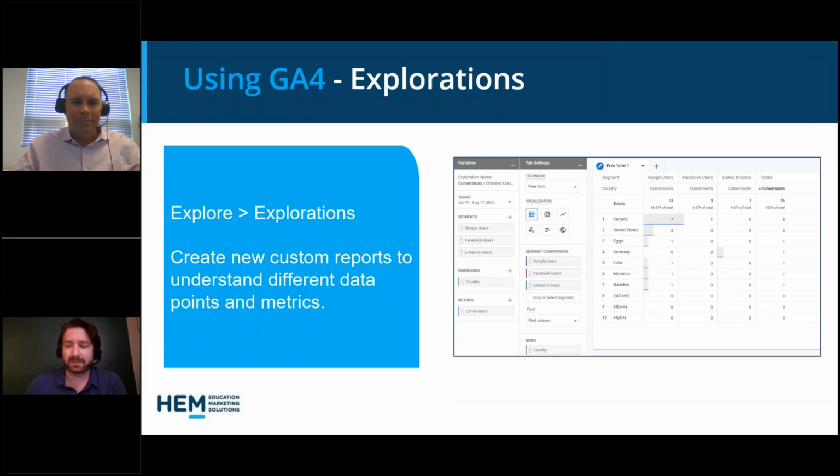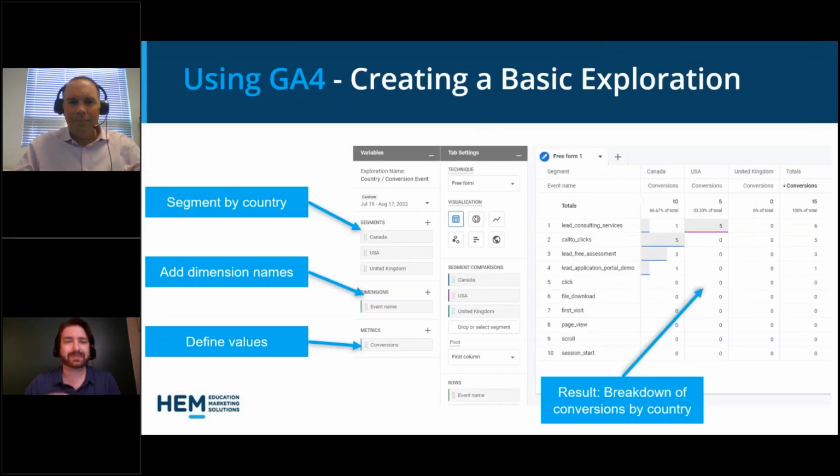And just to give you more of a concrete example, in this report that I put together, I sampled 3 countries, so traffic or visitors from Canada, USA, the United Kingdom, and I wanted to look at what events they took part in or what events they did on the website, but particularly I just want to see the conversions. So when I plug all this together, I get this report that lets me see how many conversions are taking place from visitors per country, but also which conversions.